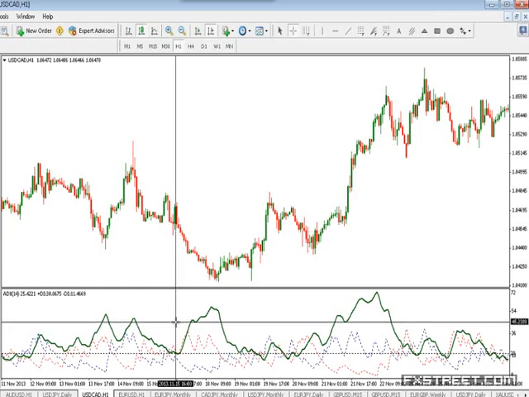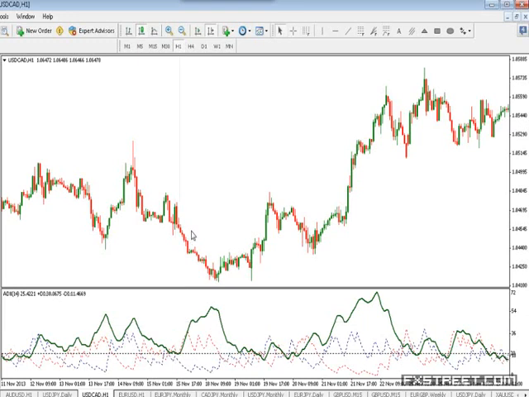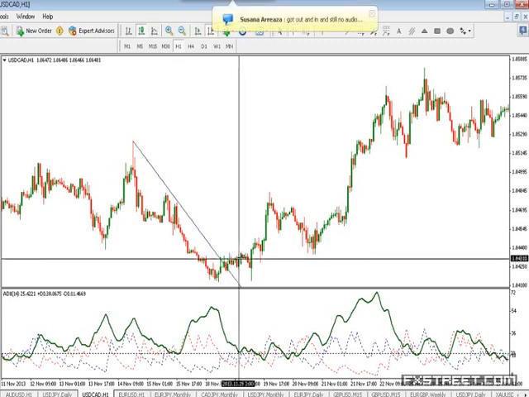So one of the best ways of using ADX is if you're taking a trade on whatever system you have. Let's say you're taking a trade on maybe a divergence. Let's say you're taking a trade on a break of a trend line. Let's plot a trend line over here. This would be a place where I would say, okay, price has started changing trend and I should start getting into an uptrend right now.